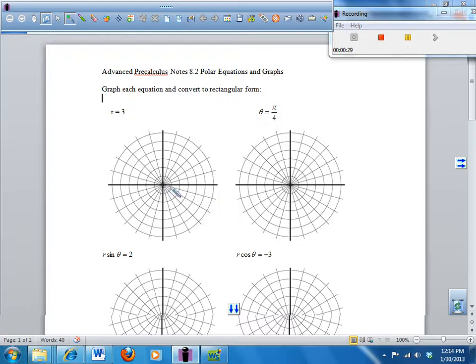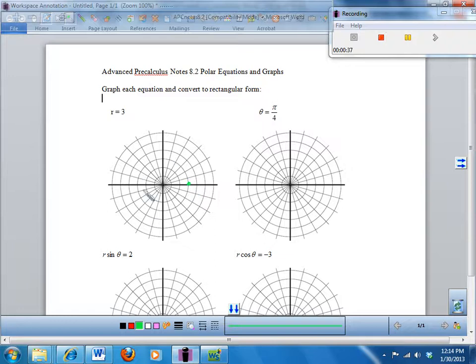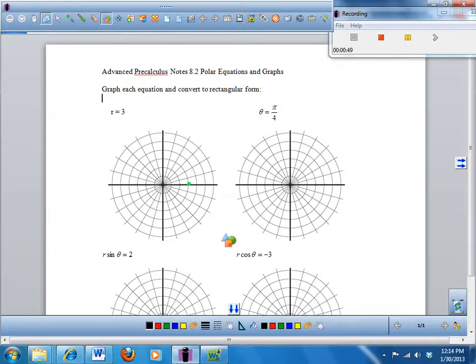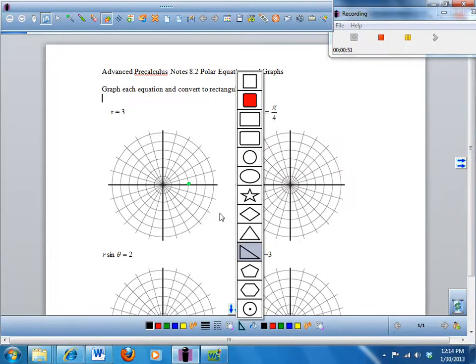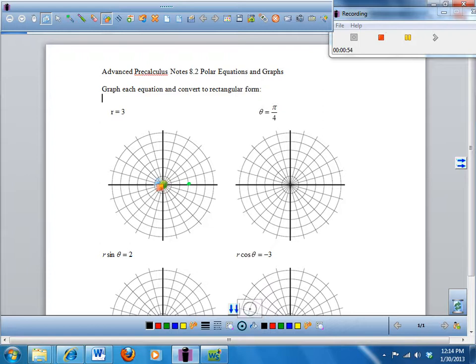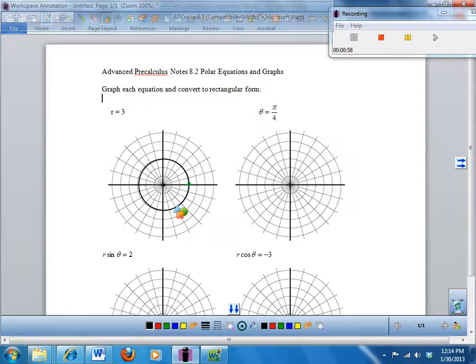And so if you go out to 3 this way, and since the radius is always 3, and it doesn't matter what theta is, that is the same as graphing a circle with a radius of 3. So there's not that much to this one. So if I were to make a circle here with a radius of 3, that would be that graph. That's pretty easy, isn't it?